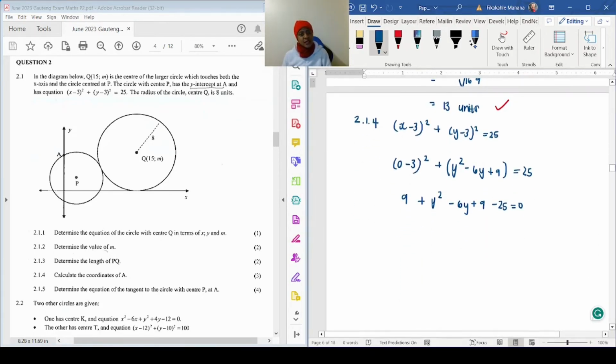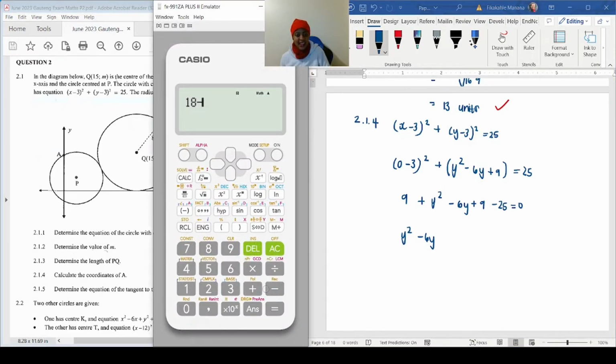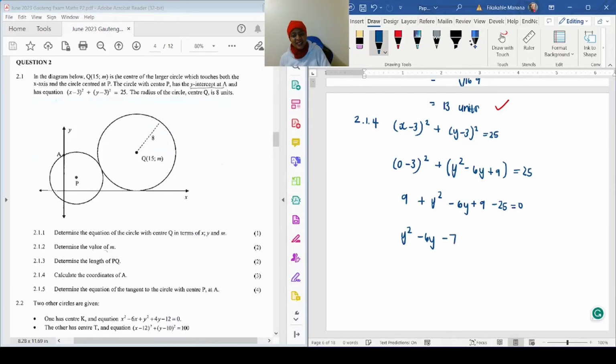Then we're going to write it out nicely so that we have our quadratic: y² − 6y. 9 plus 9 is 18, and 18 minus 25 gives negative 7. Just make sure, yes, negative 7. This is why we have calculators, to make sure. When you think about the factors of 7, 7 is a prime number, so it's only 1 and 7.